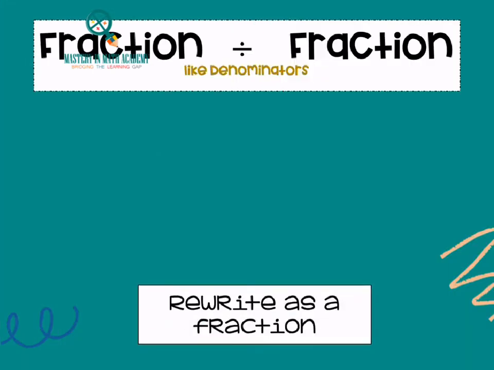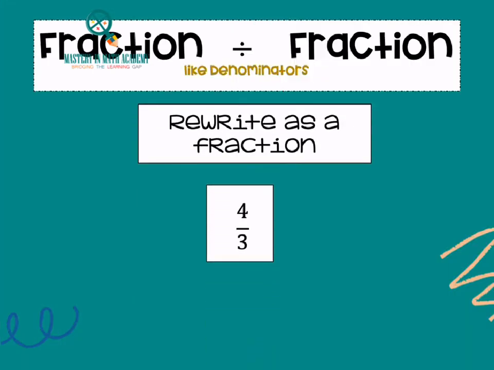So our 4 is going to be our numerator, and our 3 is going to be our denominator. And do you remember what we call this when your numerator is bigger than your denominator? Yes, we call it an improper fraction.